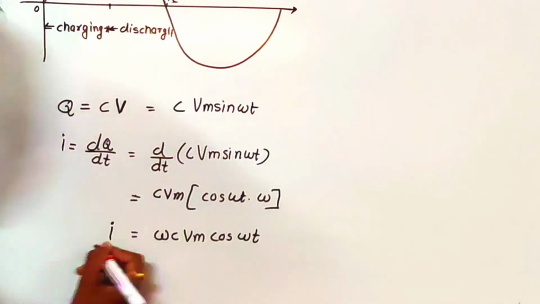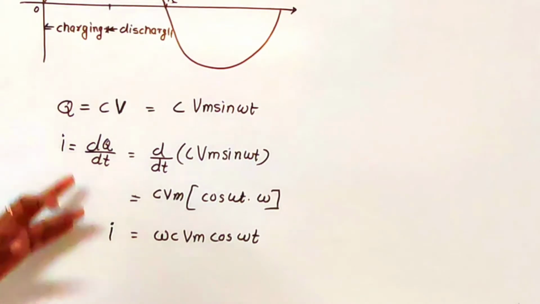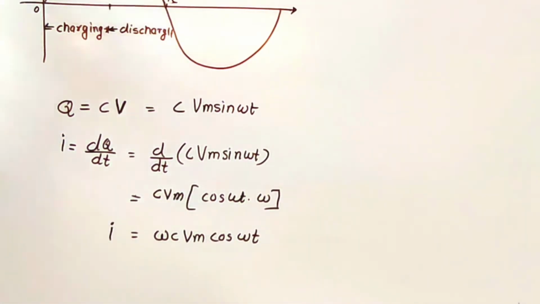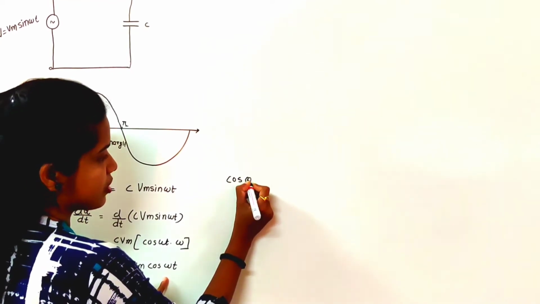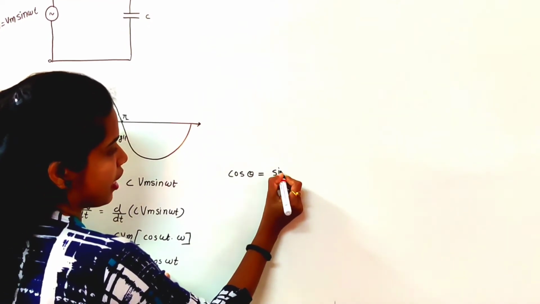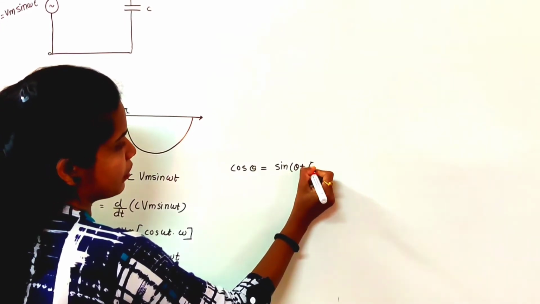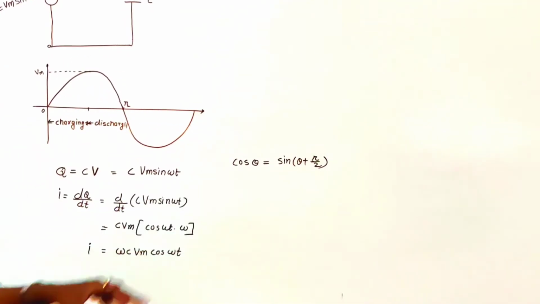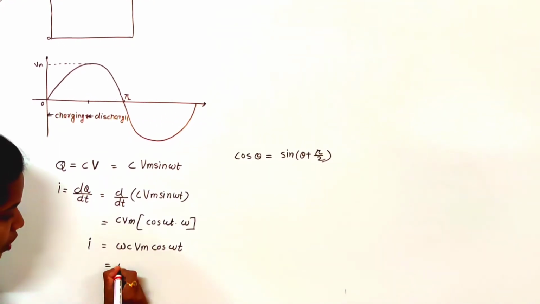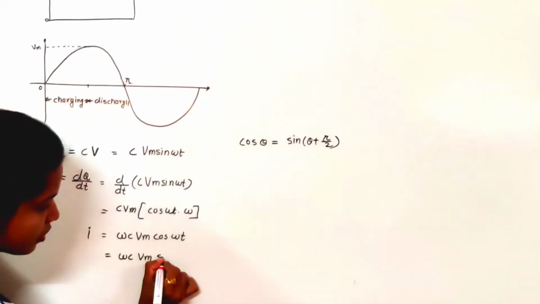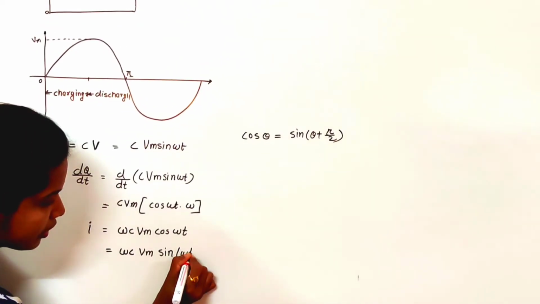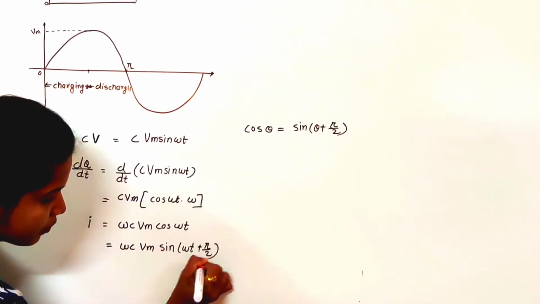This is the expression for current, but to analyze current and voltage, the equation should be in sine form. So we have to represent current as a sinusoidal waveform. For sine, we know cos theta is equal to sin of theta plus pi by 2. Putting in this relation, omega C into Vm cos omega t is equal to sin of omega t plus pi by 2.